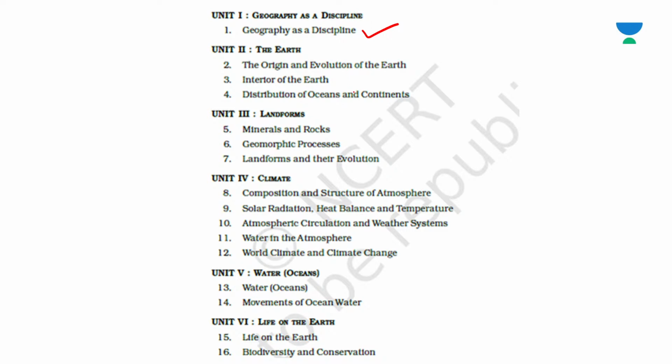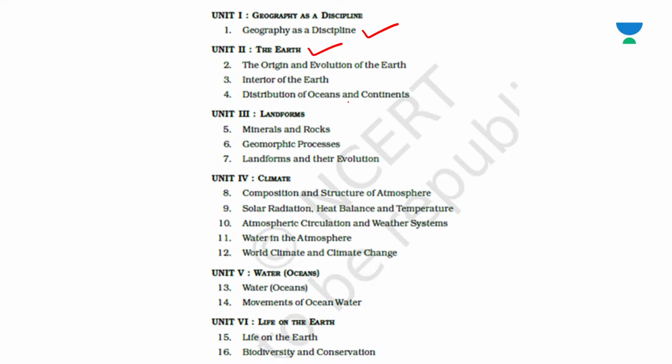Then we have discussed the unit Earth, where we have covered the origin and evolution of the Earth, interior of the Earth, distribution of oceans and continents.